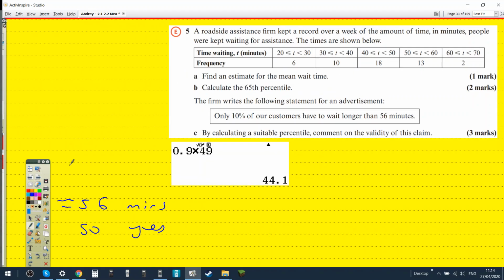Hang on. Let's see. What working out did you do for this one? I did x minus 40 over 10. What group does it go into? The 44 point first value.